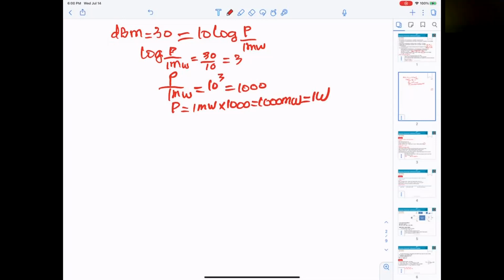And once again, the key thing is everyone must remember when you're dealing with logs, you're dealing with base 10 here. So there's like a little imaginary 10 there, and you raise it to the third power. Yeah, exactly.